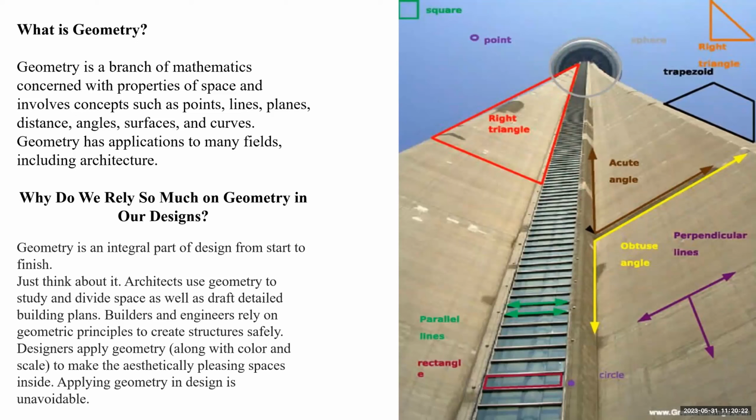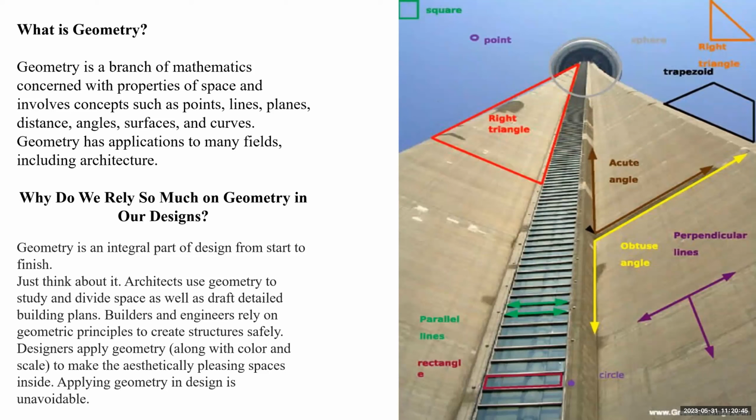Just think about it. Architects use geometry to study and divide space, as well as draft detailed building plans. Builders and engineers rely on geometric principles to create structures safely. Designers apply geometry along with colors and scales to make aesthetically pleasing spaces inside.